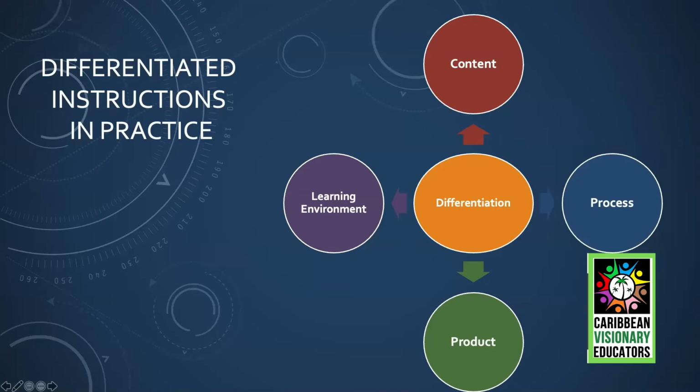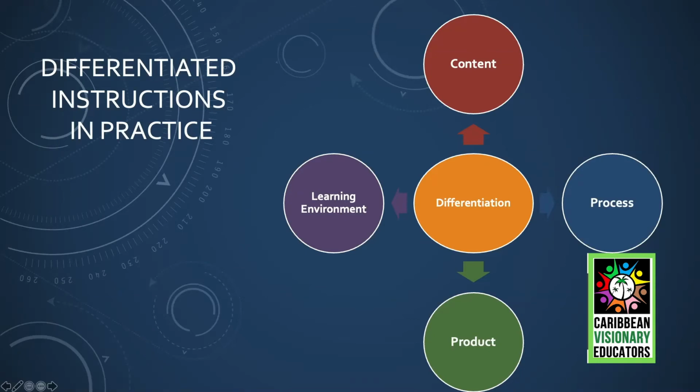Then we have to think about the process. What activities are we going to differentiate to ensure that students can master the content? So you have to think about how you're going to do the content and the level or grouping necessary. You have to think about the process and, of course, the method students will use to demonstrate learning. And I saw where our last presenter was asked a question regarding examination, but I want to touch on that a little later because I think that's important.